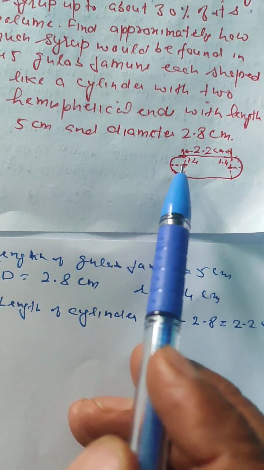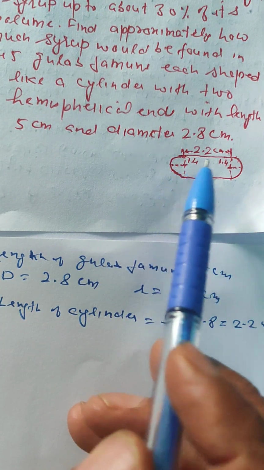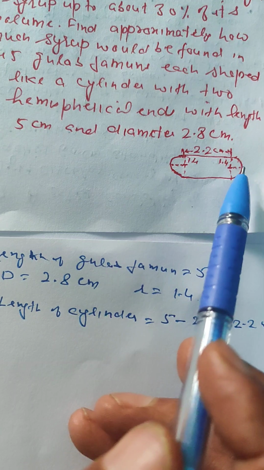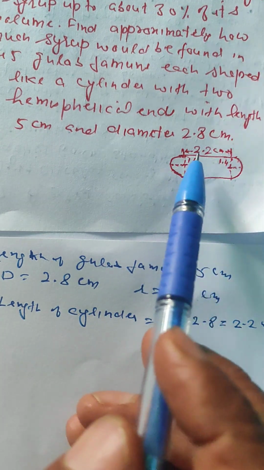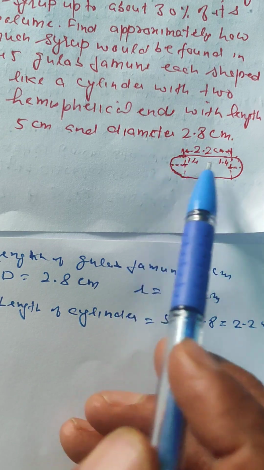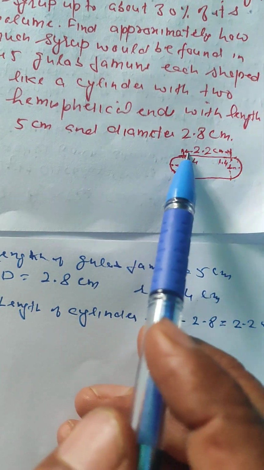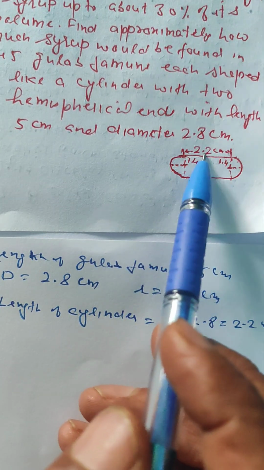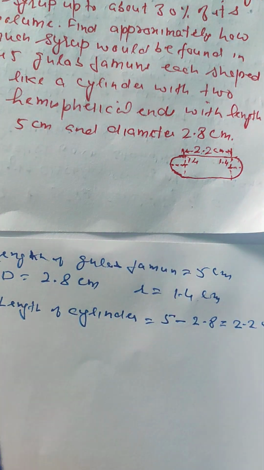Because this length is 1.4 and this length is 1.4, the total is 2.8. We deduct 2.8 from 5, therefore the cylindrical part length will be 2.2 centimeter.